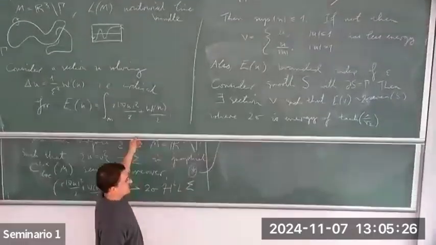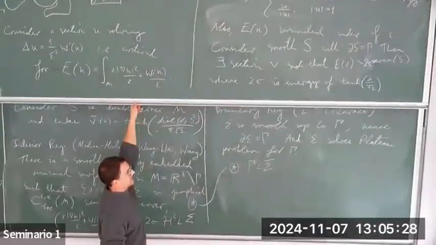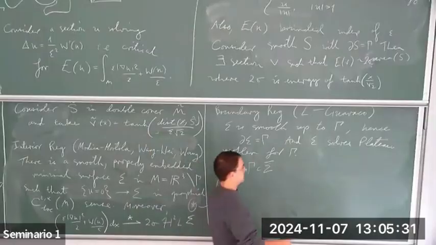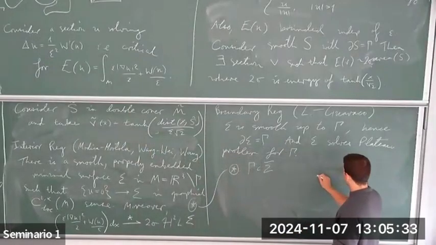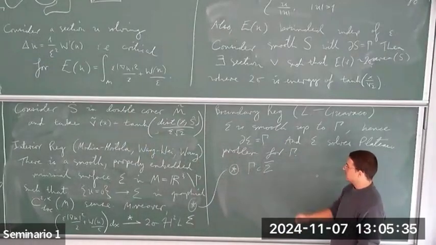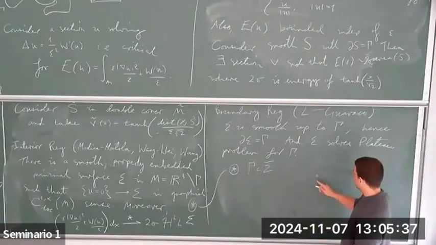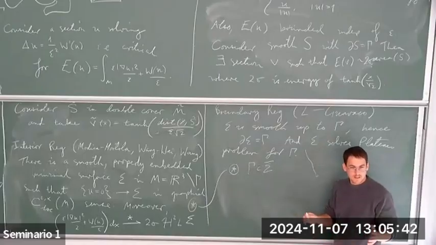Then the challenge is to prove that you're really smooth up to the boundary, because at this point we know gamma is in the closure, but at some boundary point there could be many different things happening.